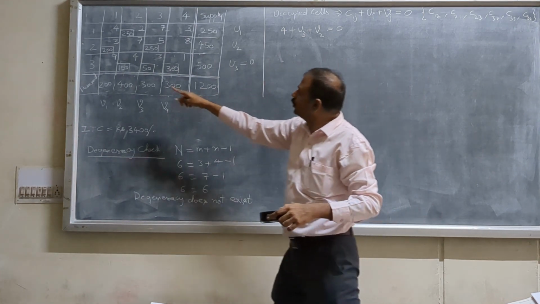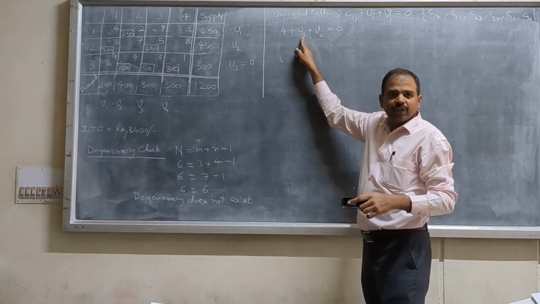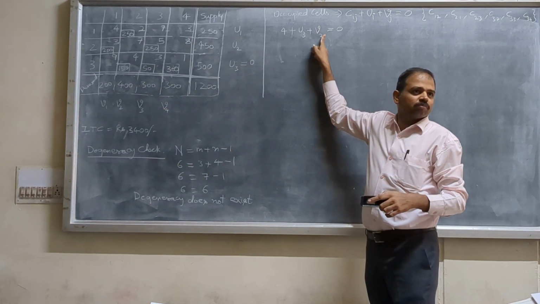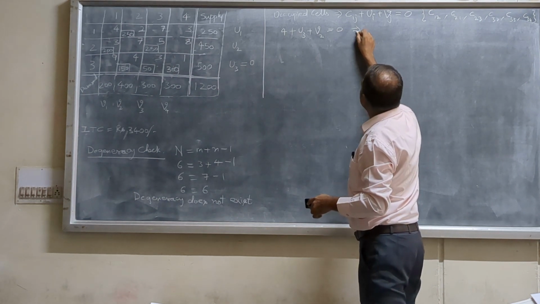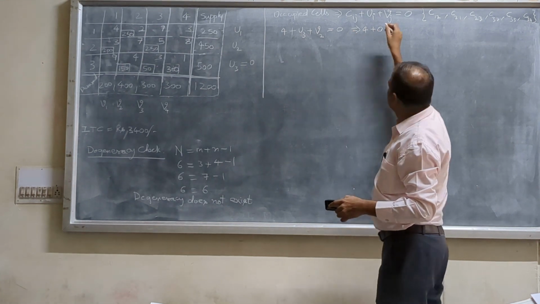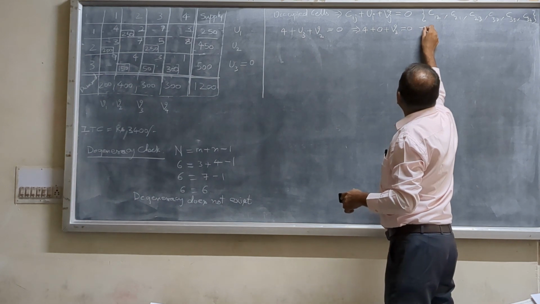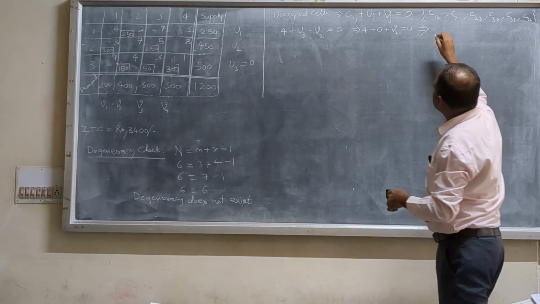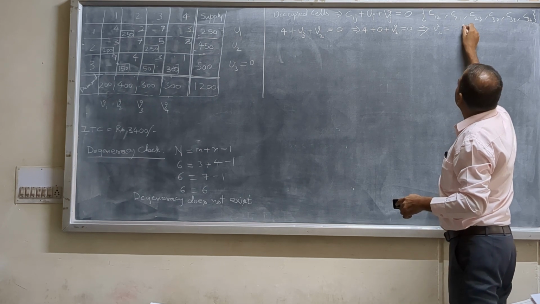It is third row and second column, so that is why it is U3 and V2. This implies 4 plus U3, which is 0, plus V2 is equal to 0. This implies V2 is equal to minus 4.